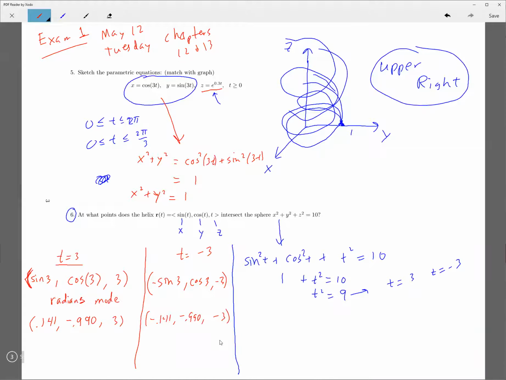Okay, let's see those 2 answers. It looks like the second one has to go first. So you got to put in the negative 0.141, and then the first one.